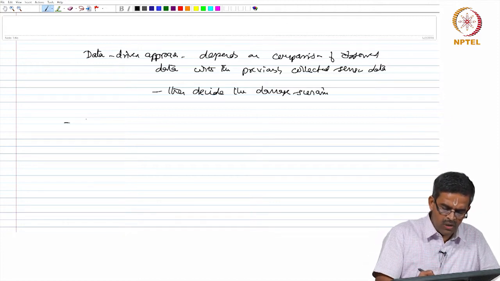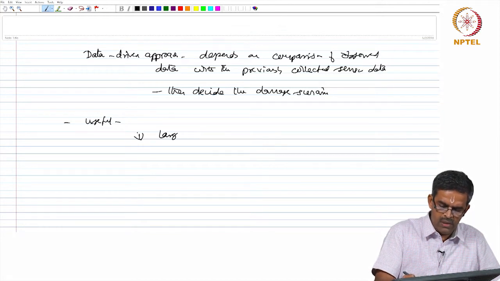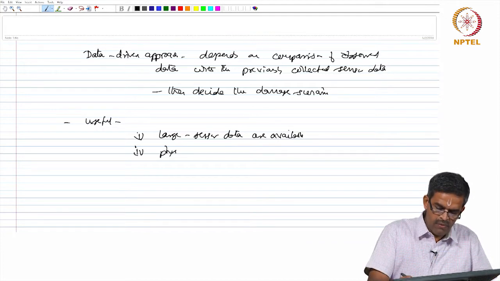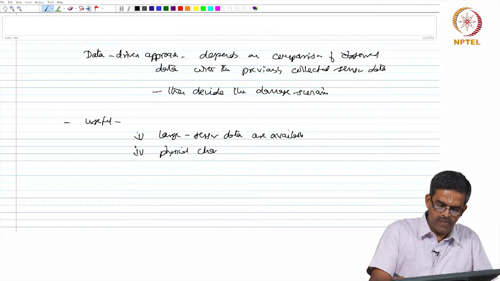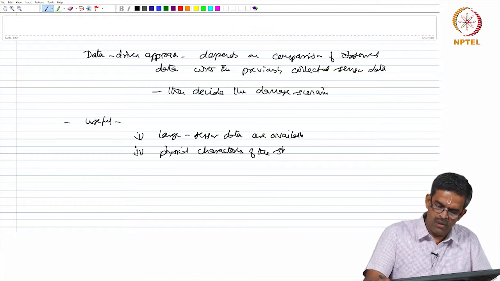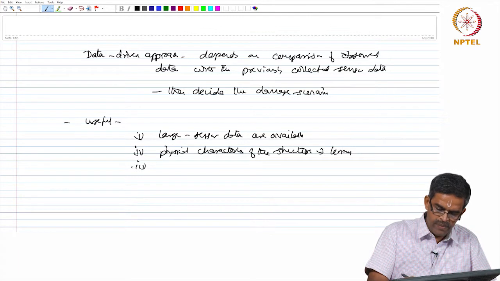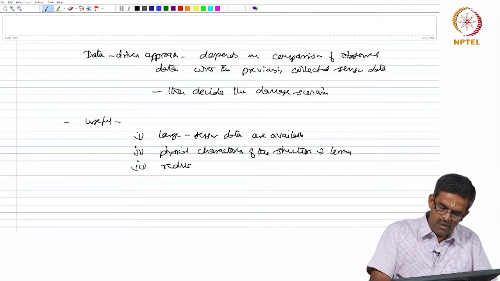Data driven approaches are useful when, one, large sensor data are available; two, the physical characteristics of the structural model are not known; and three, there is a demand for reduction in computational effort.